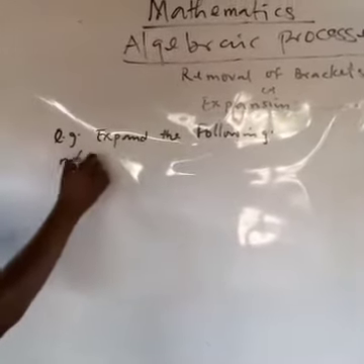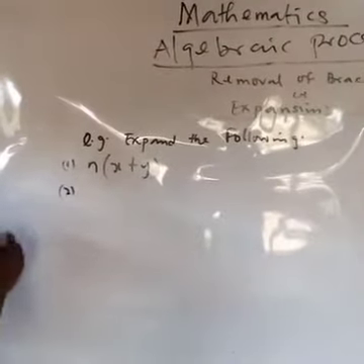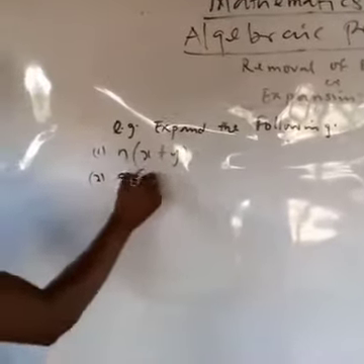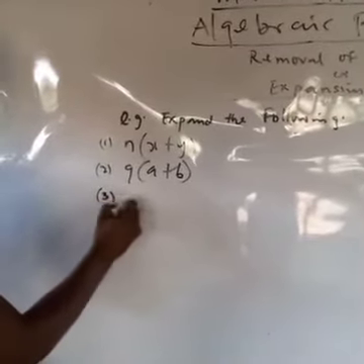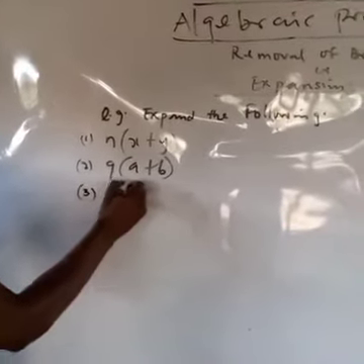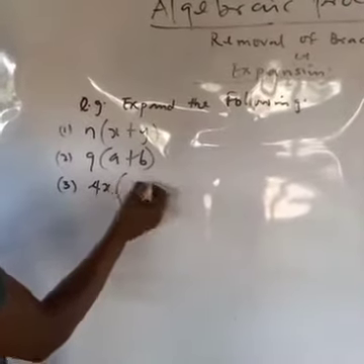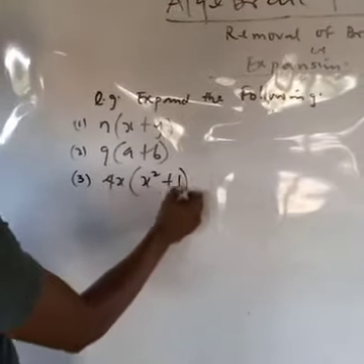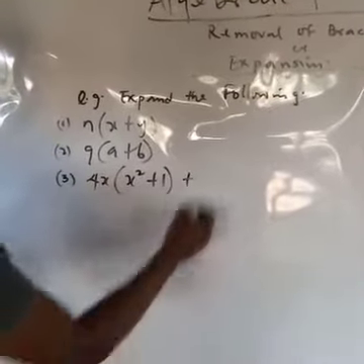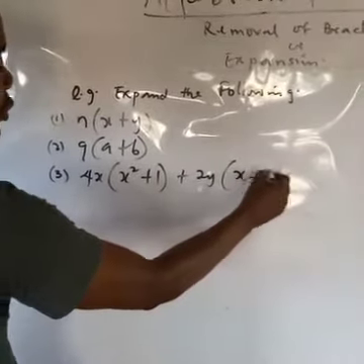E.g., expand the following. 1. n in bracket of x plus 1. 2. Now in bracket of a plus b. 3. 4x in bracket of s squared plus 1 plus 2y in bracket of x plus 2.